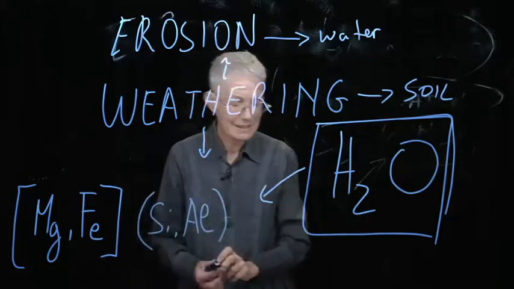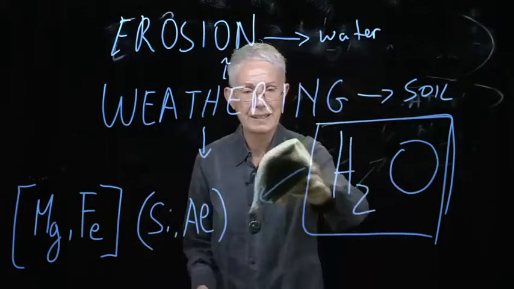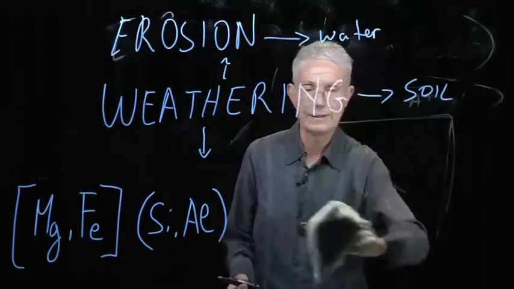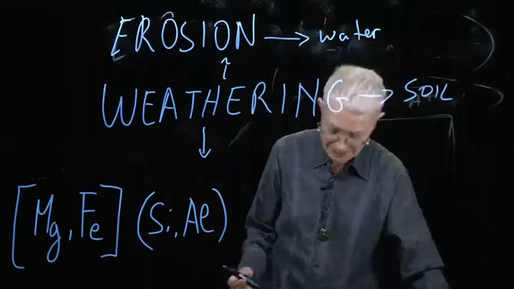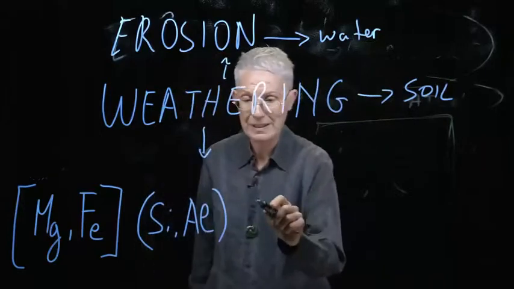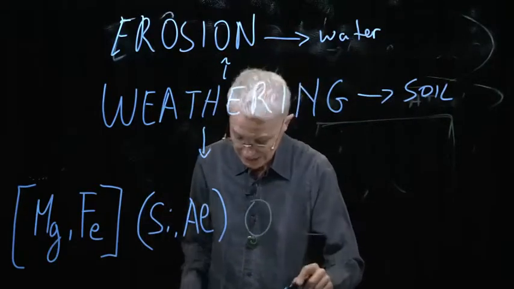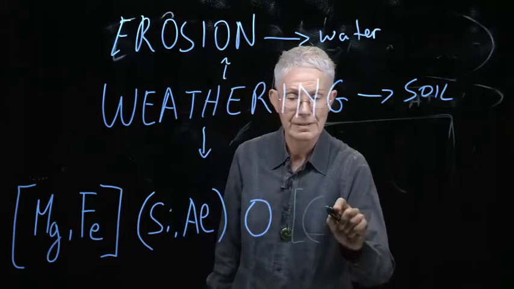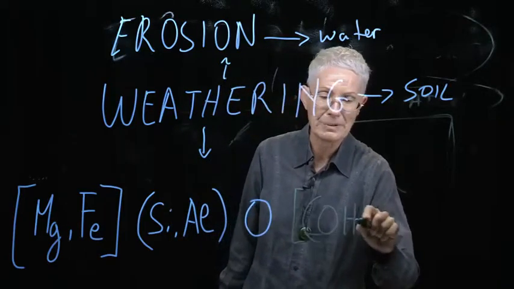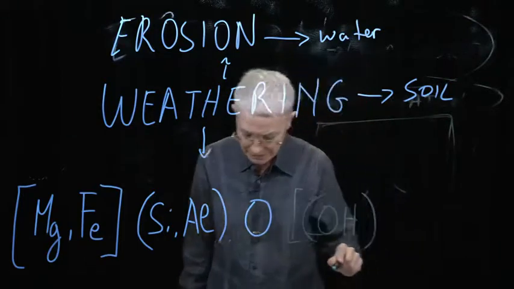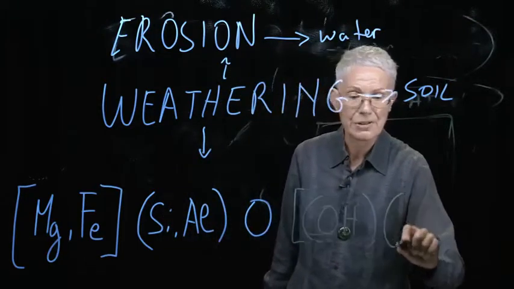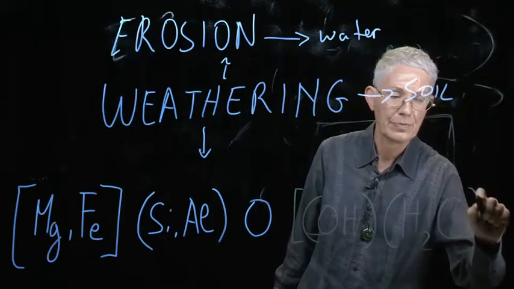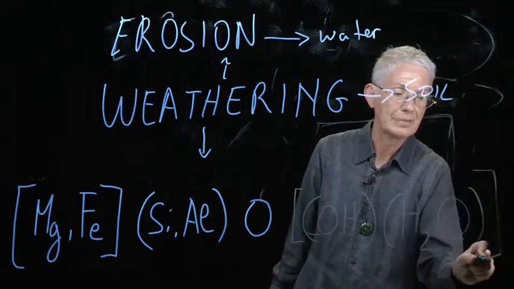And then here is where we start doing the trick. We have to put the water in it. Okay? Hydrate the mineral. So the whole thing is it picks up also some oxygen. It picks, and here it is. And this is part of the water molecule, OH, and then H2O. We have formed a clay.